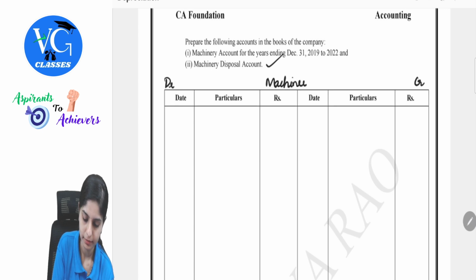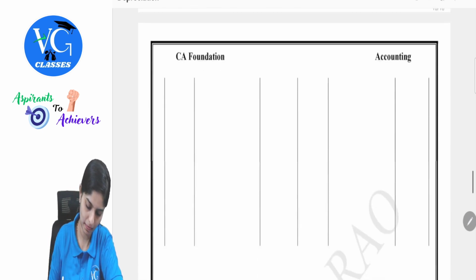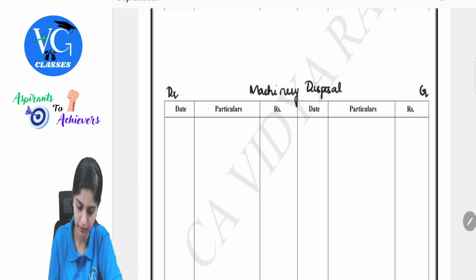Machinery account. Machinery disposal account.